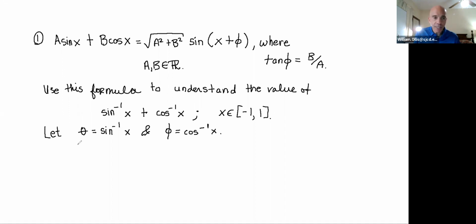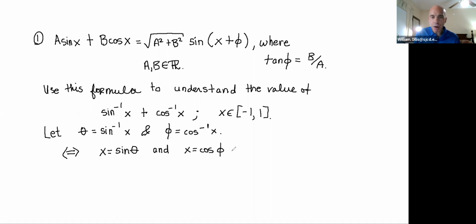Now, equivalently, this will just be x equals, take the sine of both sides, x equals sine theta, and x equals cosine phi. I won't write the ampersand this time, it's a little bit easier to write.